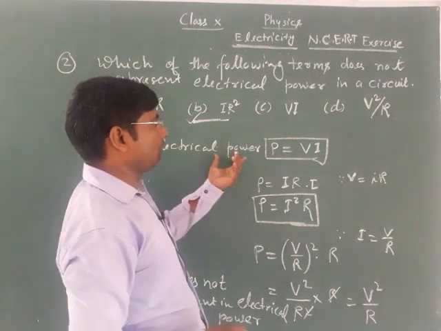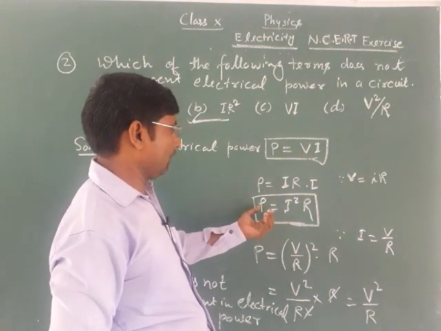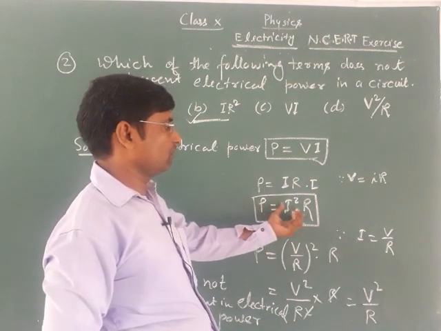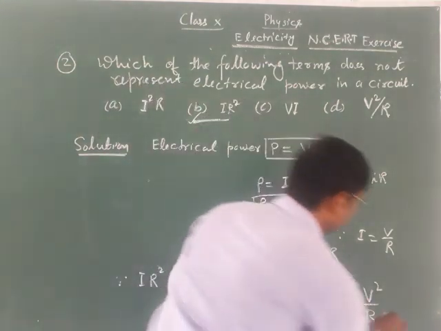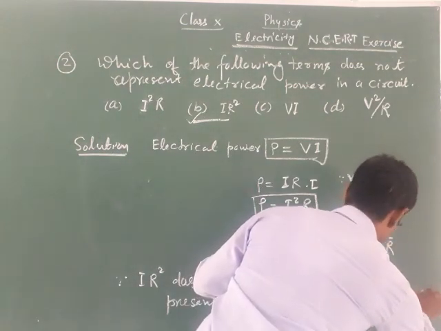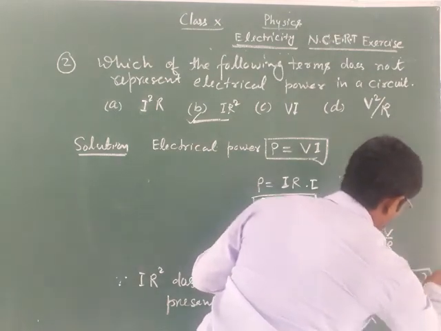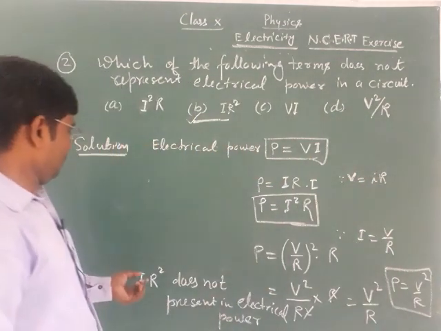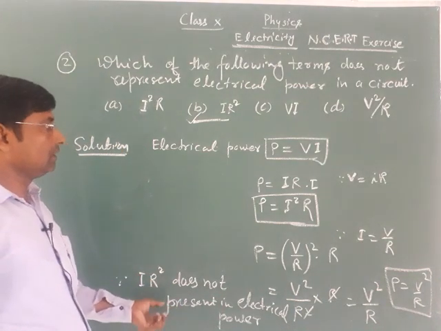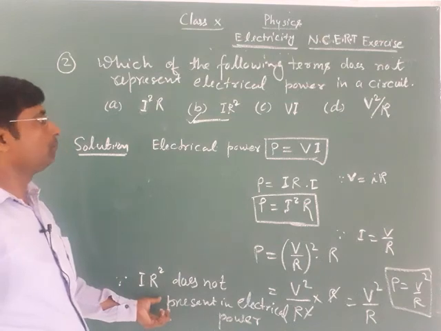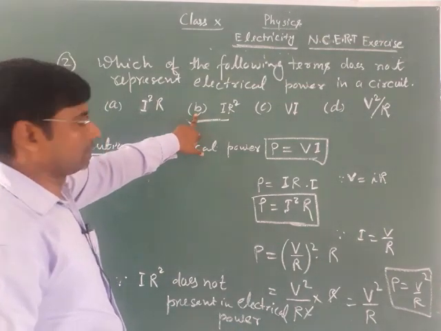So electrical power P is equal to VI. Learn it. And also P is equal to I square R. And third, P is equal to V square by R. Learn it also. So I R square is not electrical power. So option B is correct.